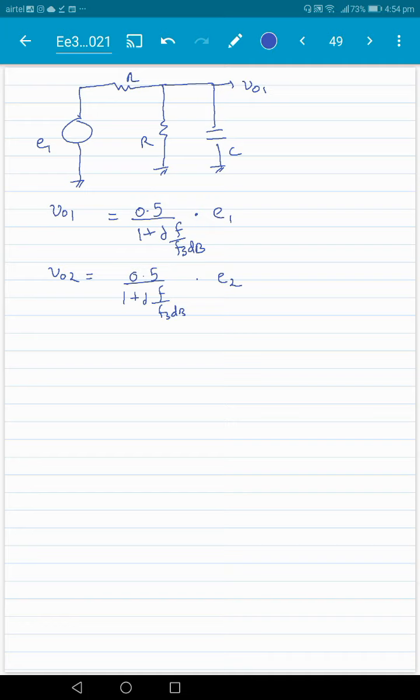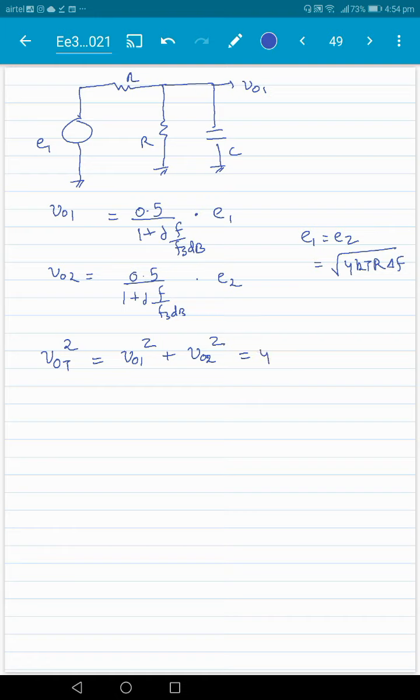Okay, so let's do the net noise here. V0t square will be equal to V01 square plus V02 square, they add up in RMS fashion. So note that E1 equal to basically E2, right? And that is equal to 4 kT R delta f. So let's write this down here.